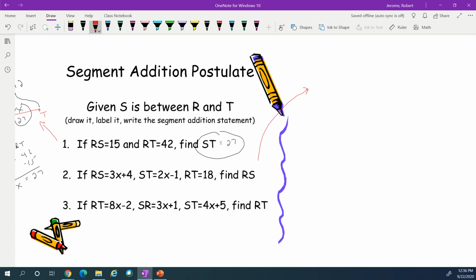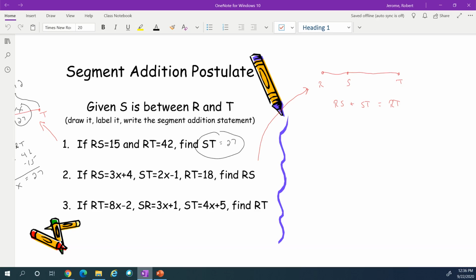Bring number 2 up here. Again, S is between R and T. So I'm just redrawing it for a new picture. R, T, S. Let's fill in the segment addition statement. The first little piece plus the second little piece equals the whole thing. Now again, I strongly recommend labeling.